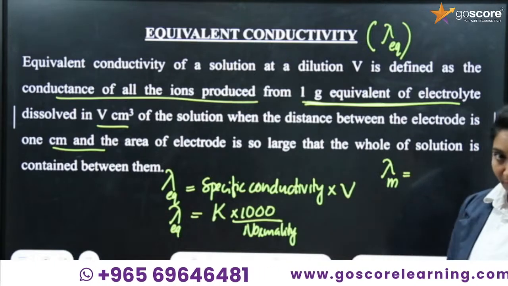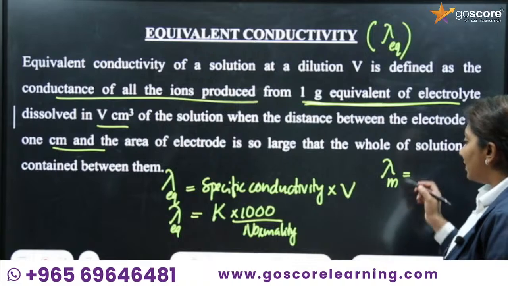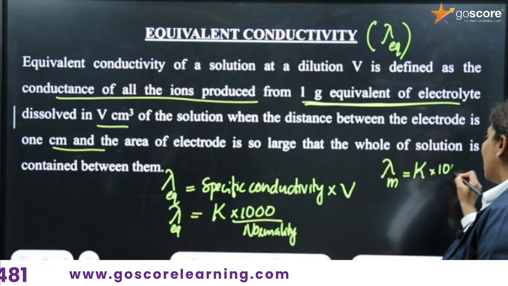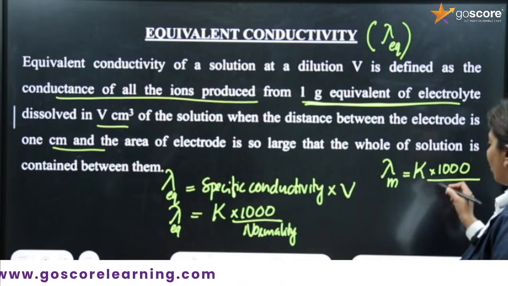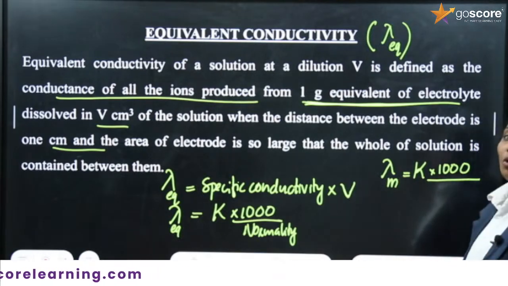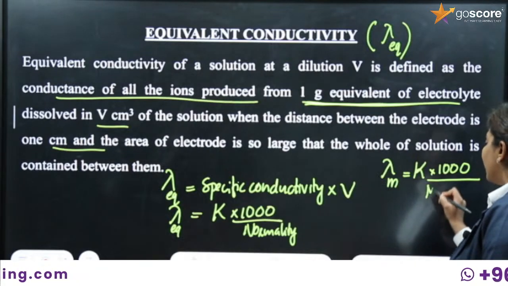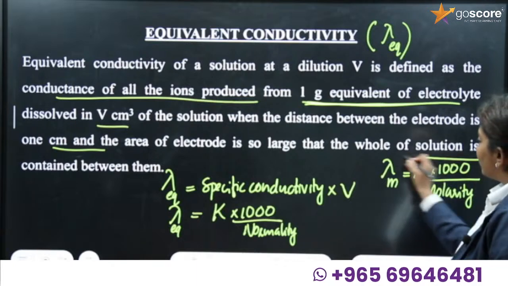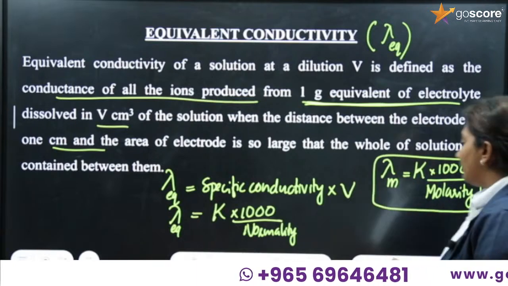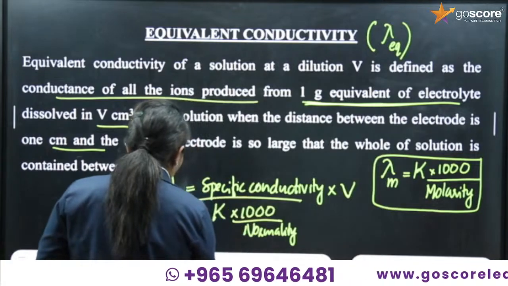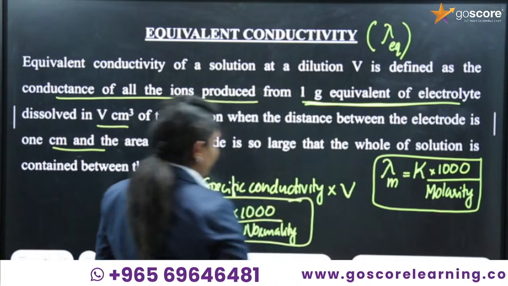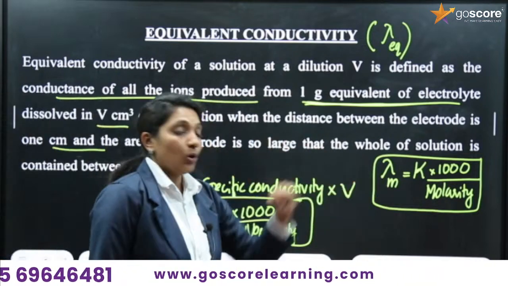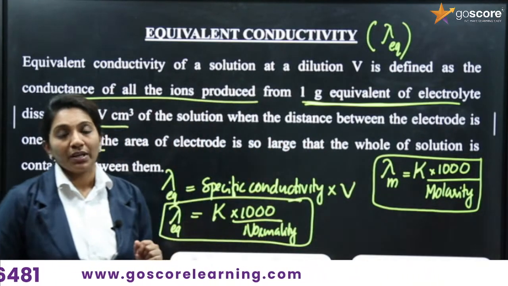The rest are all the same. So lambda m will be equal to specific conductivity into 1000 divided by molarity, since we are considering 1 mole of the substance. You should be familiar with these two equations. This is the equivalent conductivity, and this is the molar conductivity.